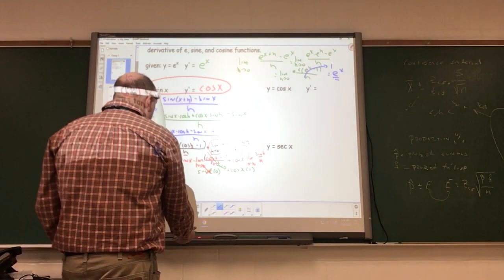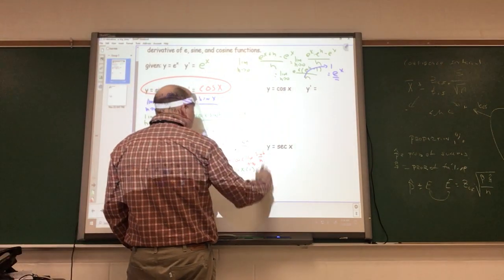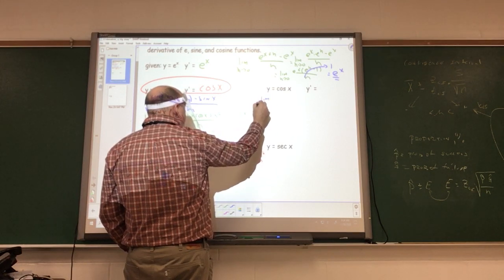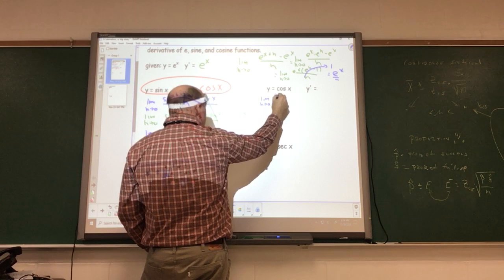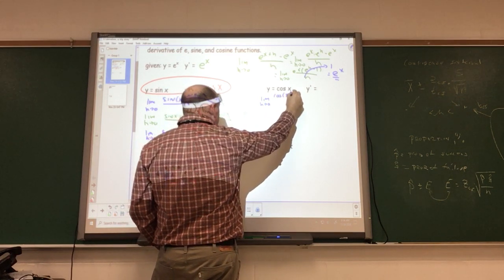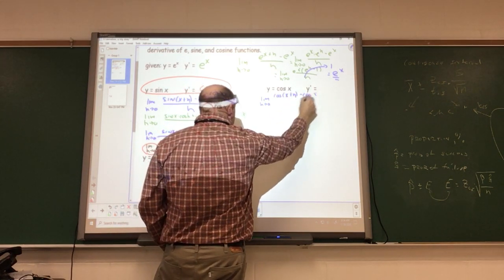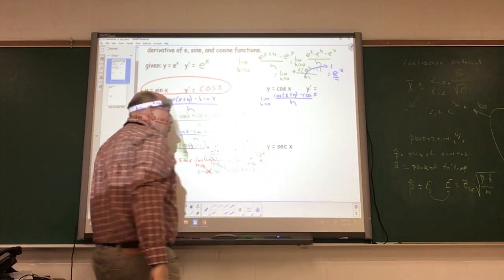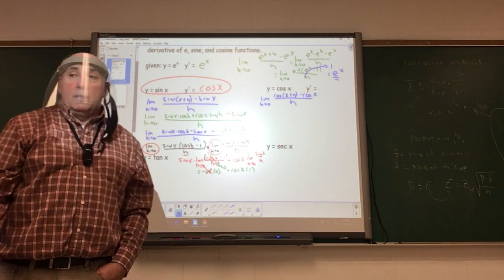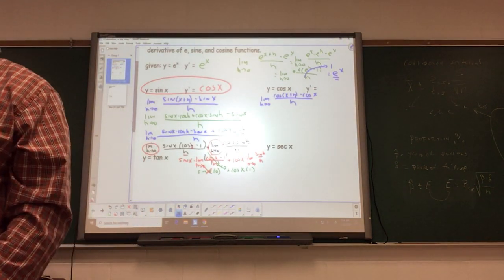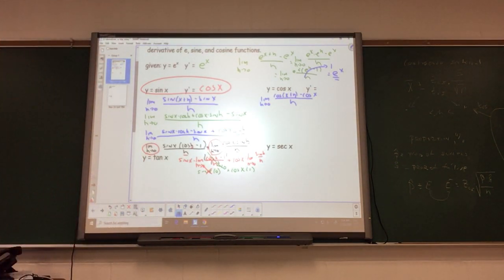Likewise, we can do the same with the cosine. Limit as h approaches 0 of cosine of x plus h minus the cosine of x all over h. I know we have at the tip of our tongues the cosine of a plus b: cosine a cosine b minus sine a sine b.